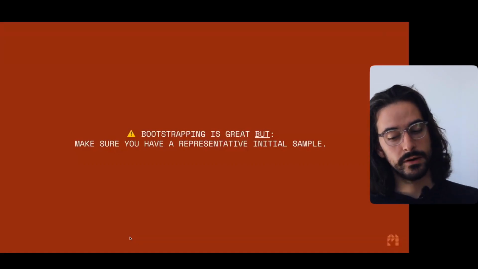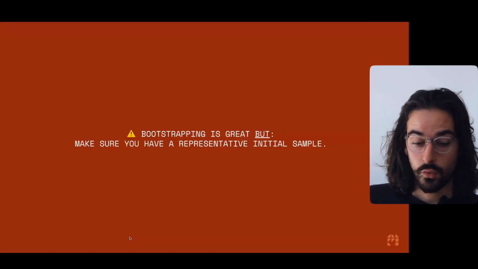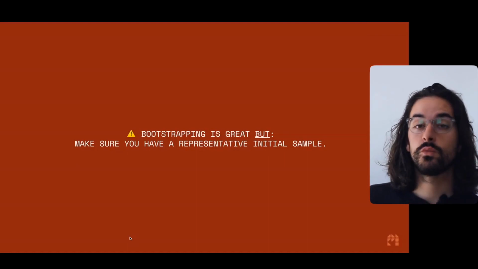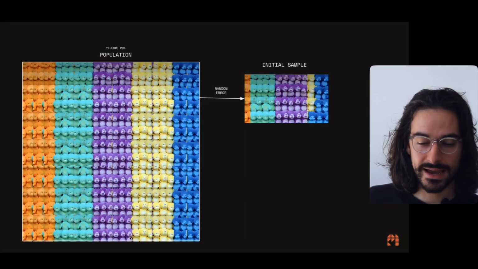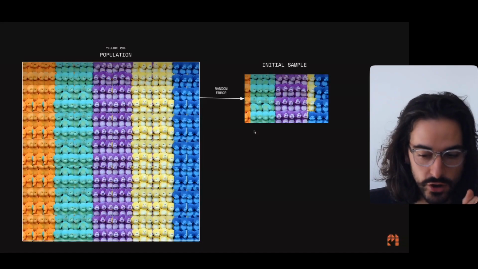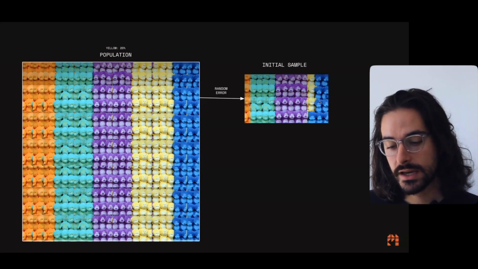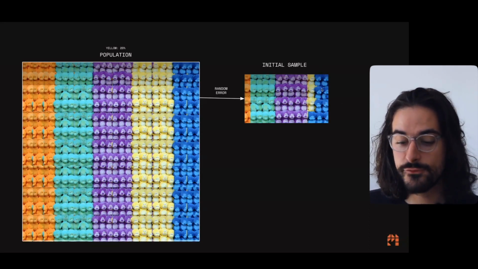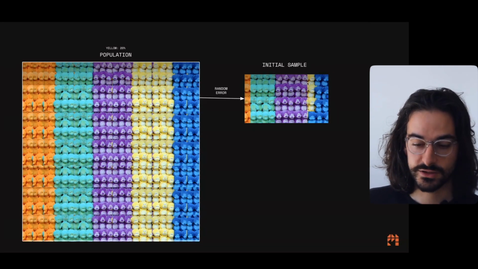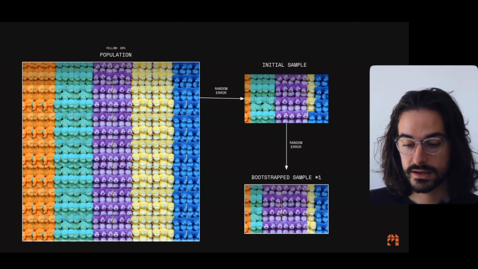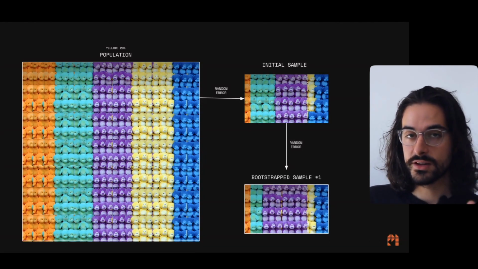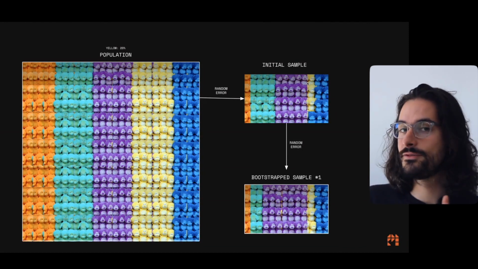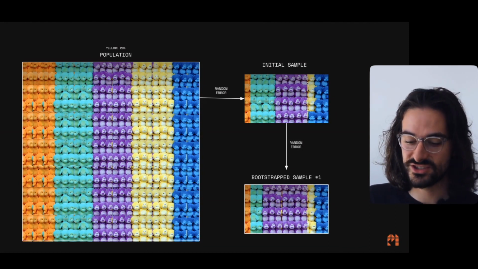Big disclaimer though: bootstrapping is great, but we have to make sure that you have a representative initial sample, okay? So let's say you draw an initial sample and randomly you have this infamous proportion of yellow candies, which is so little, it sucks. Then your bootstrap sample is also going to suck. It's going to be a variation of that initial suckness.